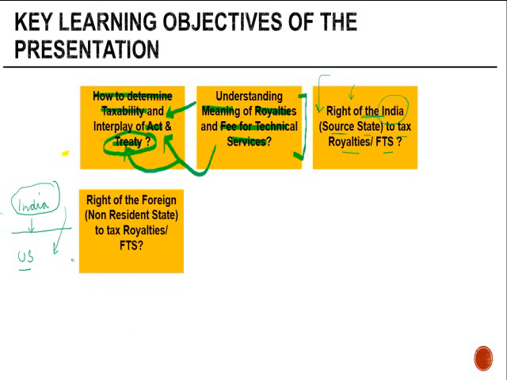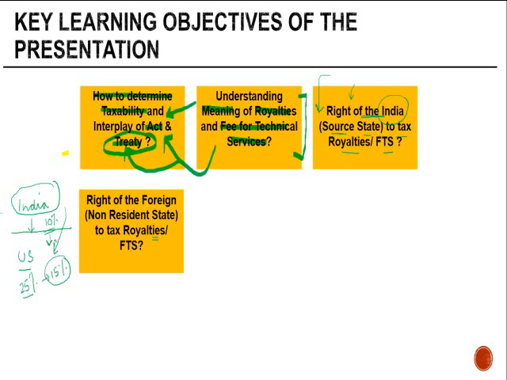The next one is, what is the right of US or the foreign company's resident state to tax royalties and FTS? Now suppose India, while making the payment to the US, applied a withholding tax of 10%. The question which comes up is, can US apply a tax rate, let's say 25%, and collect the balance 15% tax from the company?